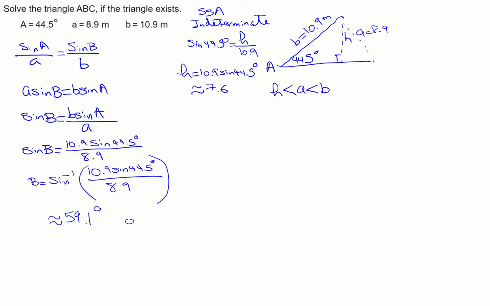So it could be 102.9 degrees. All right, so notice that we have 2 scenarios here. We have one triangle which looks like this. Let me see if I can do a better job here.